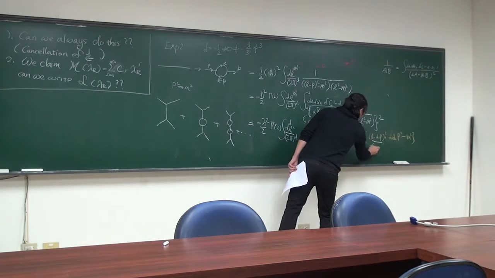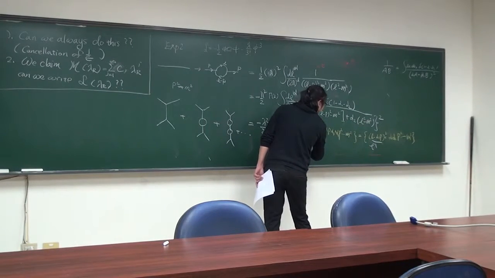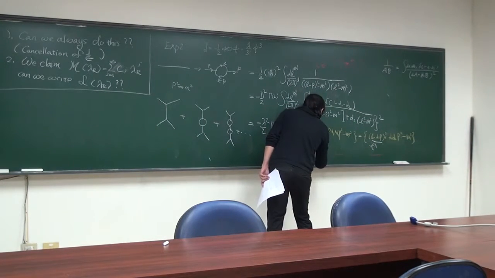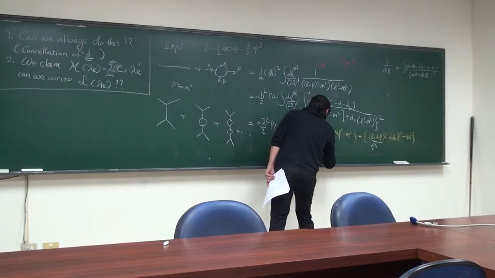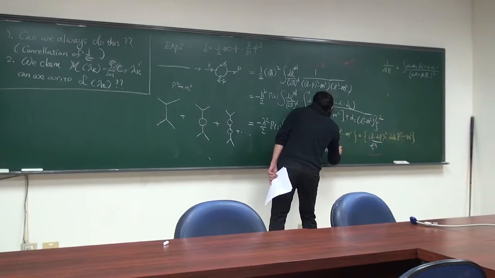So this is L prime squared plus alpha 1 alpha 2 P squared minus M squared, and now it's just this to the second power.